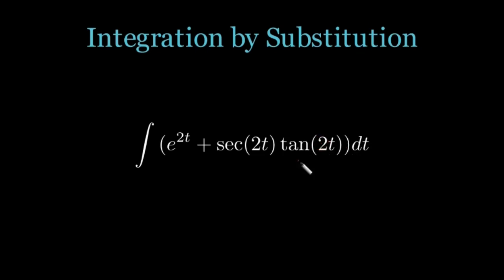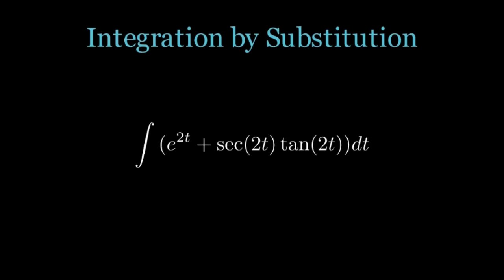Therefore we can equate that part to u. We say u equals 2t, because that gives us the chance to substitute 2t with u everywhere, and get rid of the dt, and then carry out the u substitution.